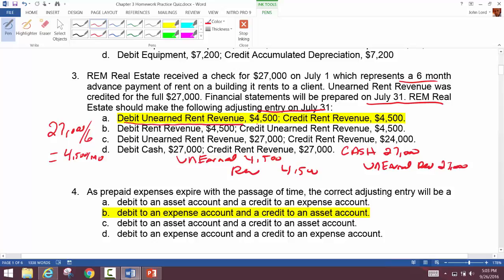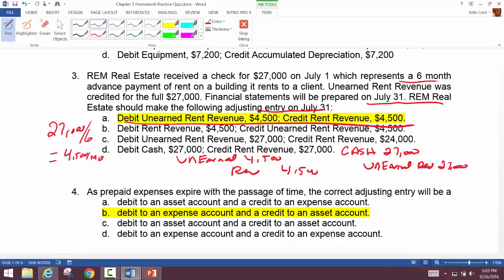Which is that journal entry right there. All right. What journal entry will I make August 31st? Same entry. What entry will I make September 30th? Same entry, right? And I'll keep going like that.